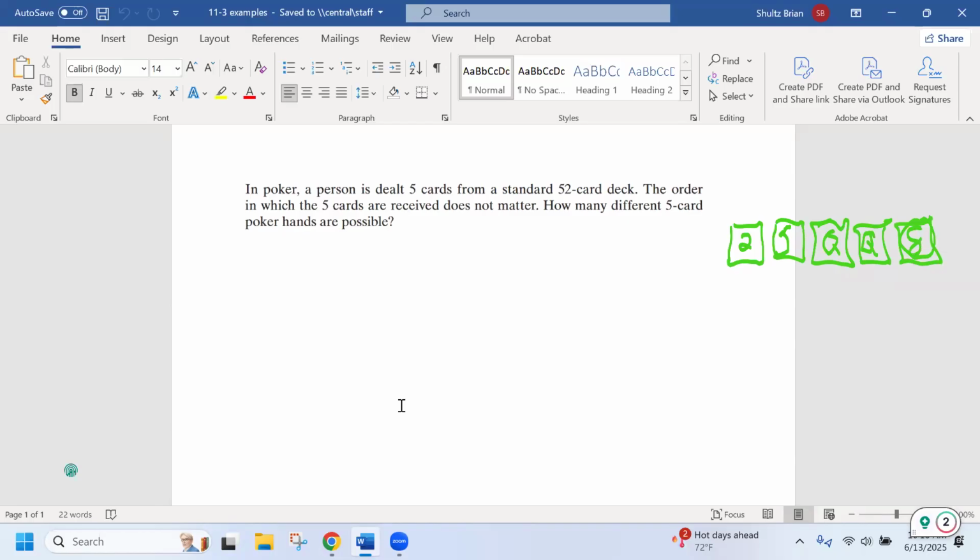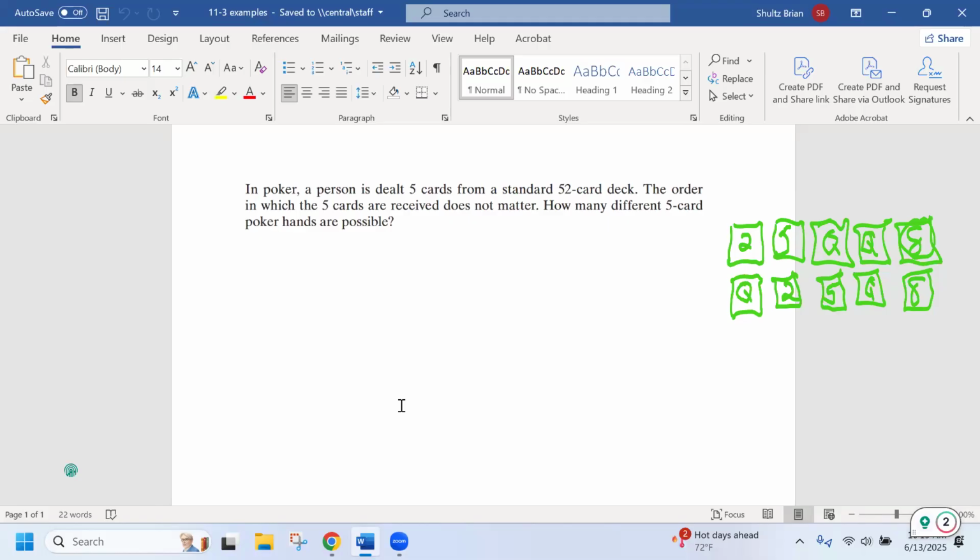That's one possible 5-card poker hand, one of many. But it doesn't matter what order I hold these in my hand. I can do queen, 2, 5, queen, and 8, and it's still the same poker hand. That's what it means when order doesn't matter.